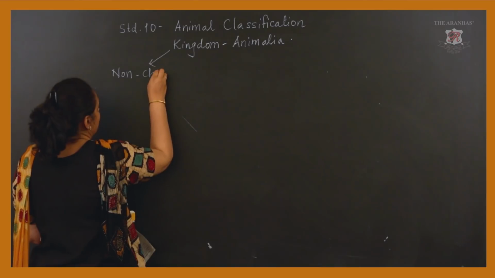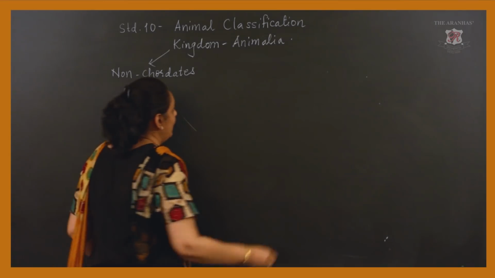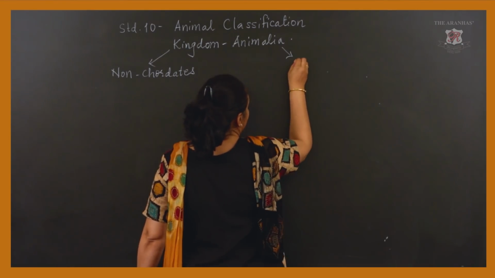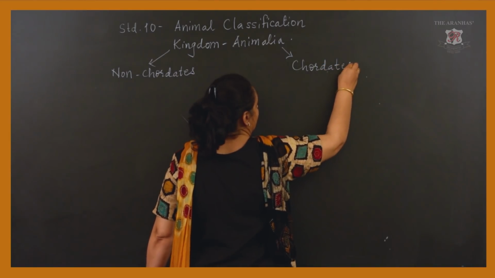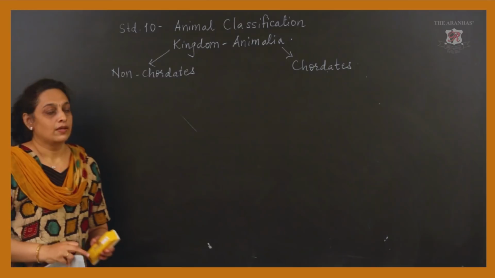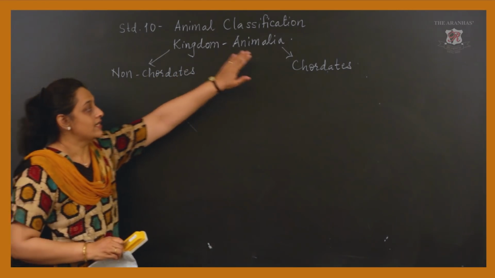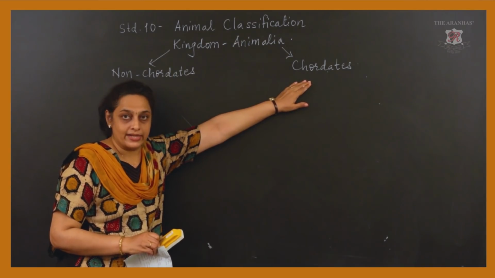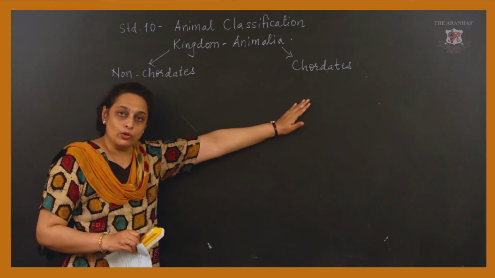First group is non-chordates and second group is chordates. Okay, first group non-chordates, second group chordates. So, Animalia has these 2 major groups.